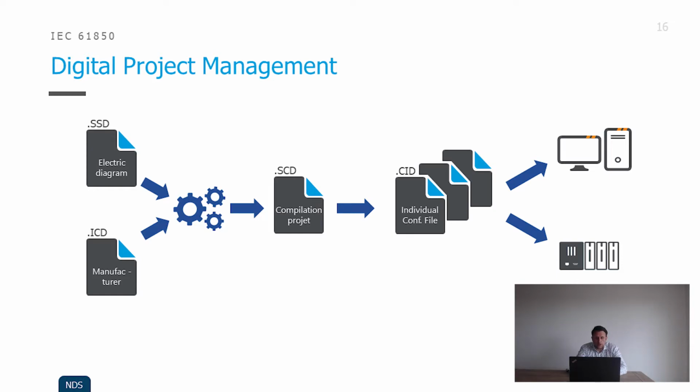So, merging the information from the SSD file and the ICD files, you will end up with a file which describes the complete substation in detail. That is the SCD file, substation configuration description. And it describes everything from communication, like IP addresses, etc., to IED capabilities and the data types being used in the IEDs.